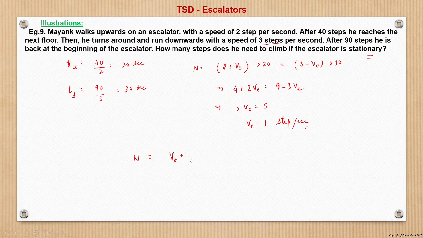So let us find the number of steps on the escalator, that is VE plus 2 into 20. So this gives 20 into 3, which is 60 steps. So when the escalator is stationary, it means that Mayank will have to walk up 60 steps to reach the top, right? So 60 steps is the answer to this question.